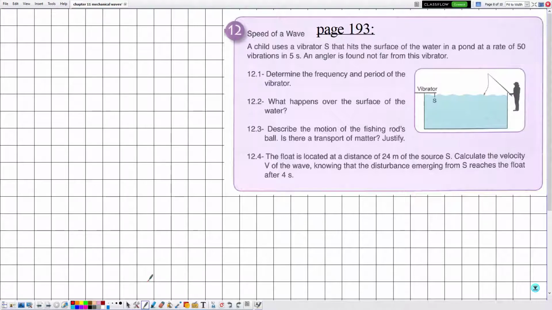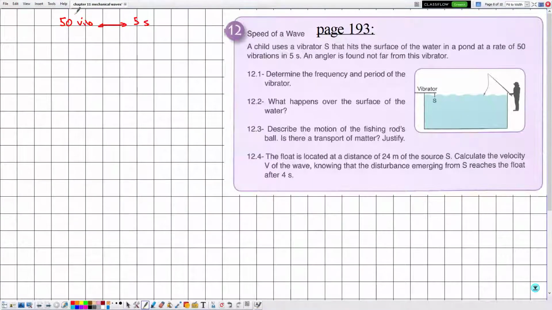A child uses a vibrator that hits the surface of the water in a pond at a rate of 50 vibrations in 5 seconds. So here we don't have the frequency, we don't have the period, we have a relation between them, which is given by 50 vibrations corresponding to 5 seconds.